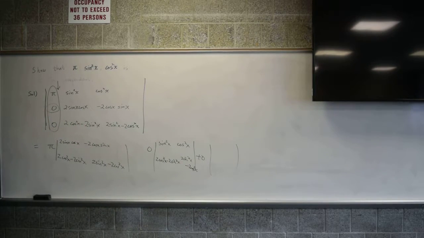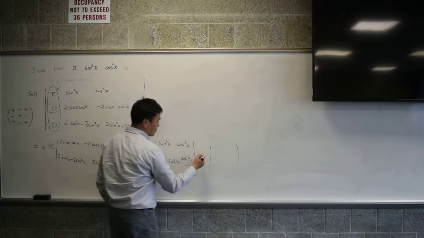And then the third step is to apply the checkerboard of signs. What's the checkerboard of signs? It's made up of plus and minuses. You always start with the plus on the top left, so it's plus, minus, plus.